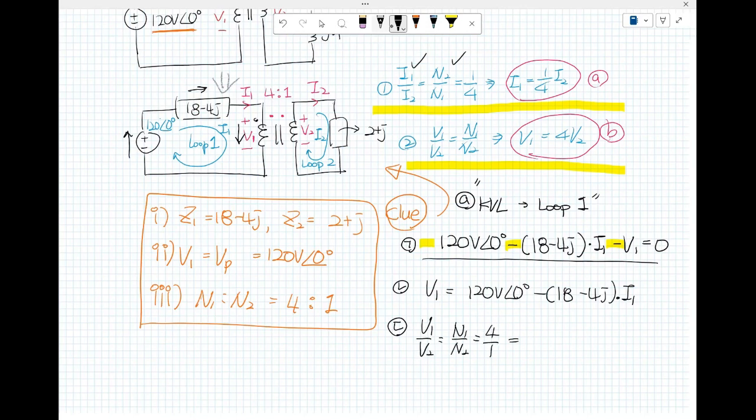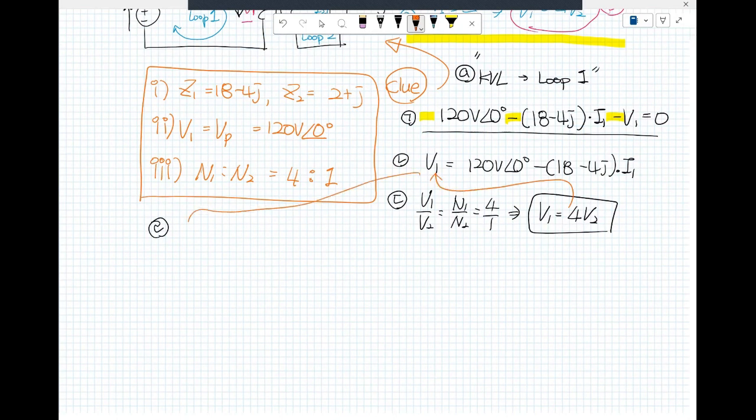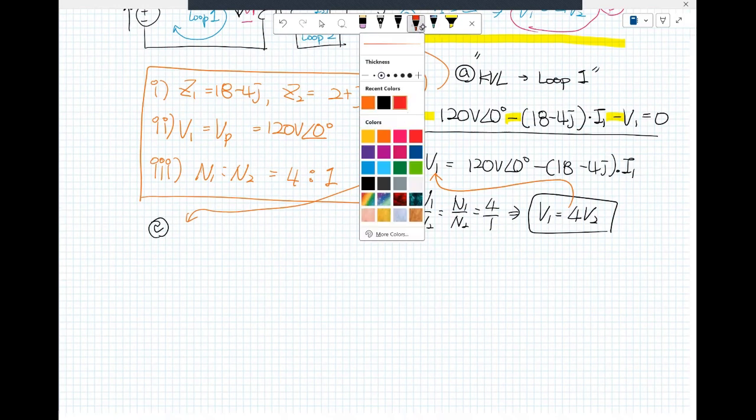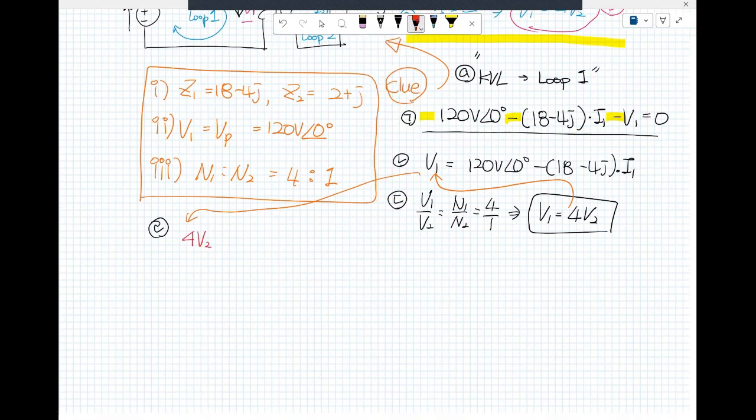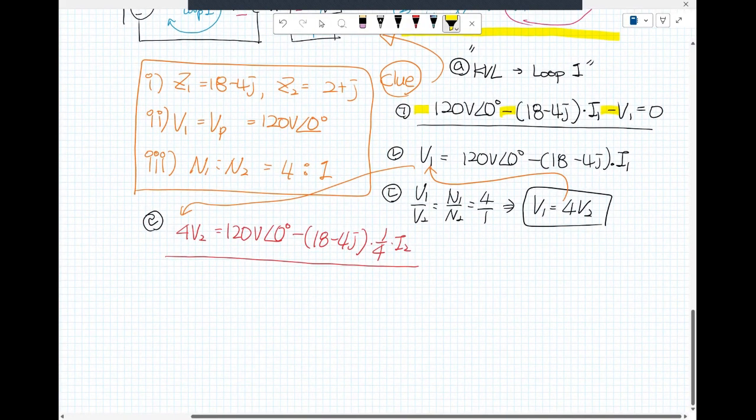Here, like this one, four I sub 2. Okay, that is the equation here.